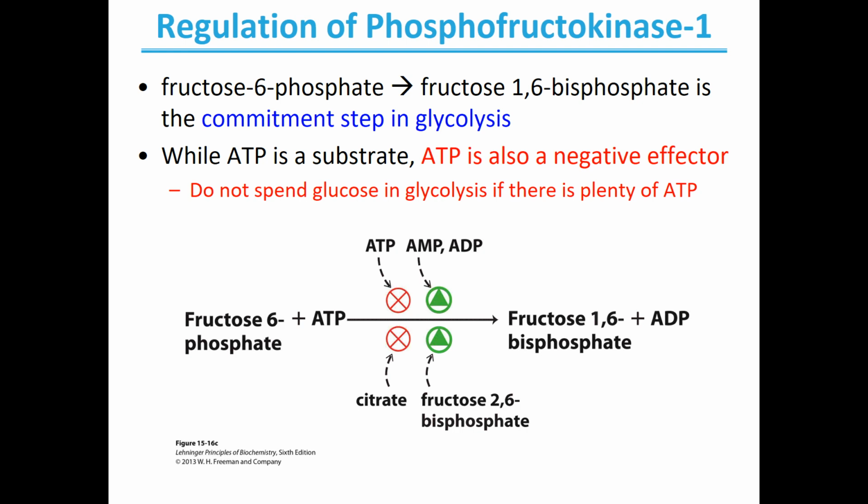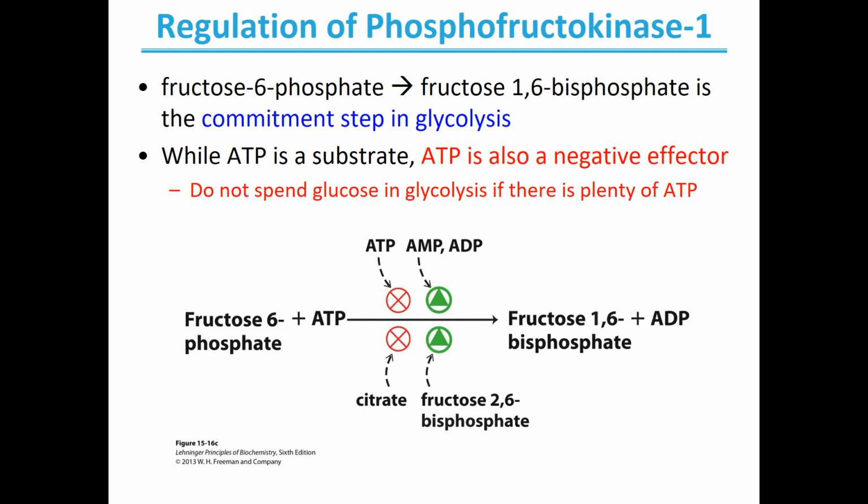Citrate also slows the activity of PFK1 because citrate signals that we have had a pretty good supply of glycolysis occurring, and we've even activated the TCA cycle. So citrate serves as a signal that the downstream pathways are going well, so we can slow glycolysis.